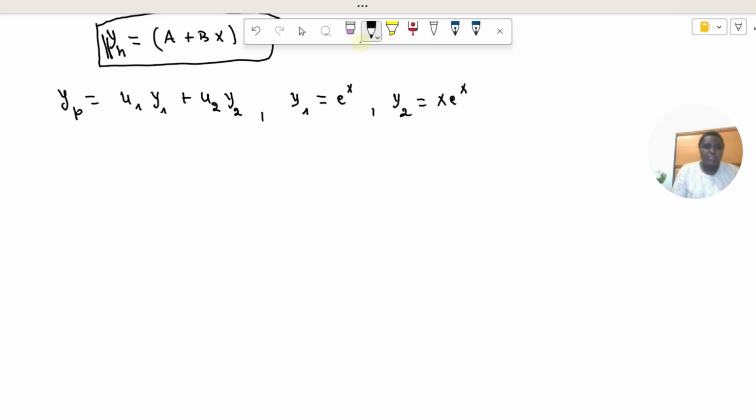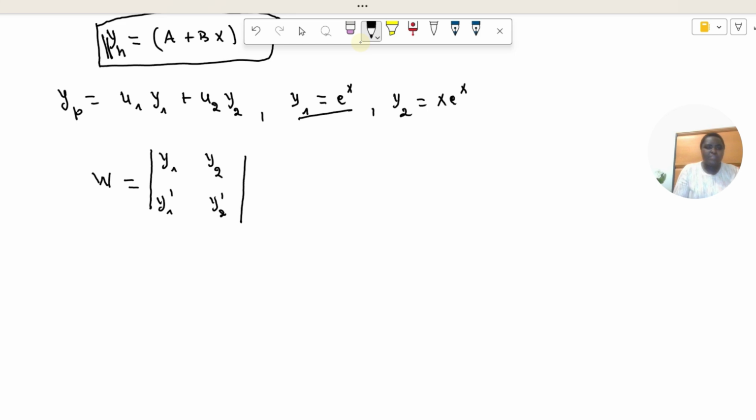We compute the Wronskian, I call it W. The Wronskian is equal to the determinant of y1, y2, and y1 derivative and y2 derivative. So we have to first compute the y1 derivative. We have y1 equal to this one.